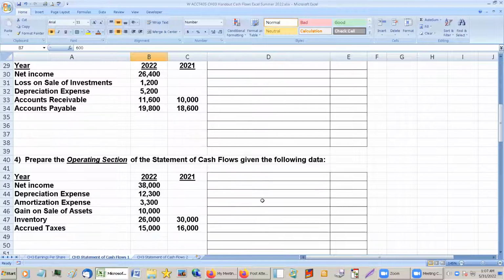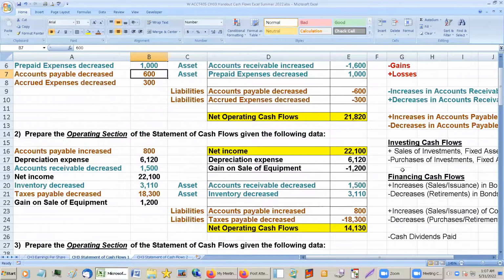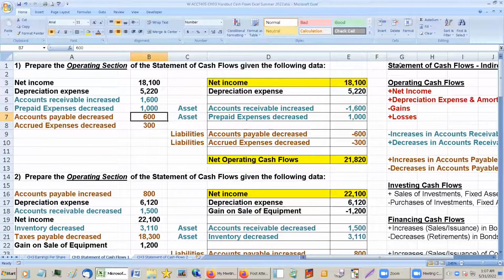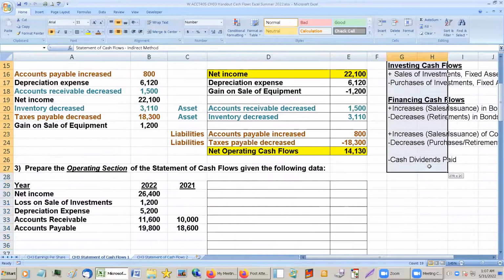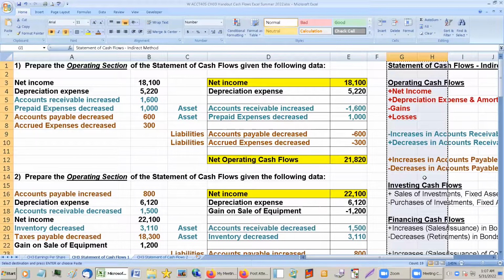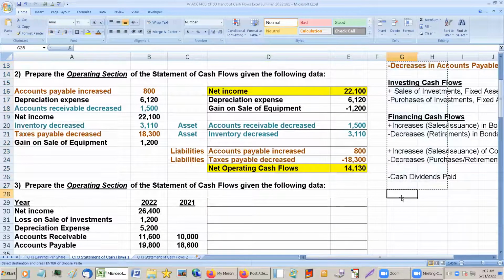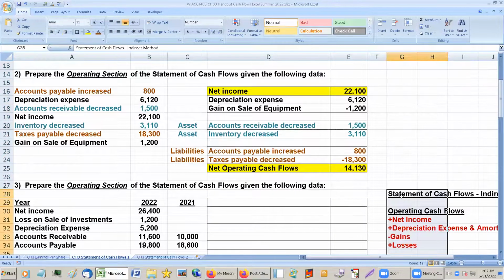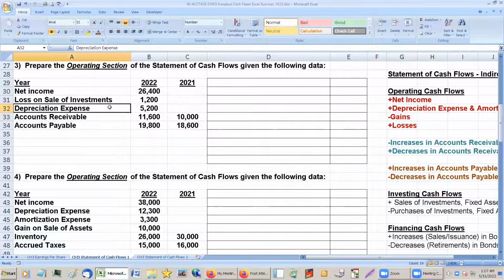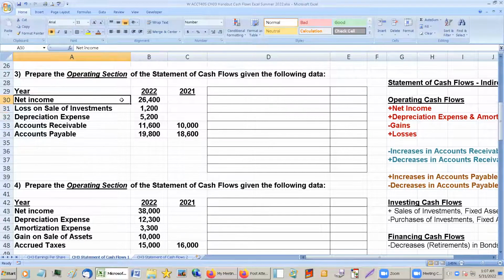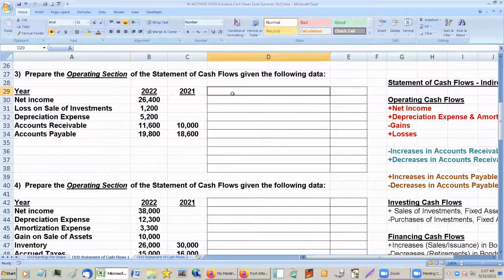Coming down here, I'm going to move this down. Down here, we just have to do a little calculating. Okay.